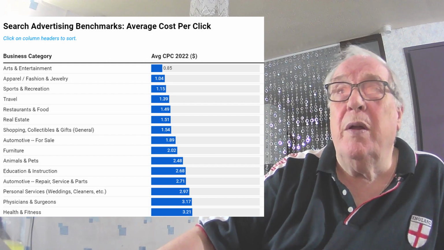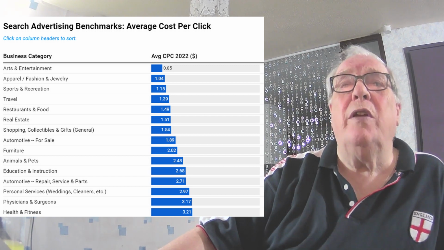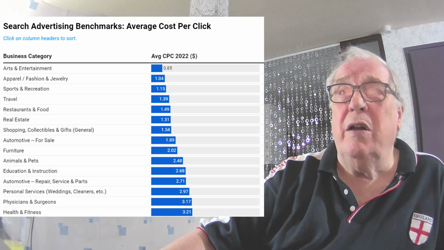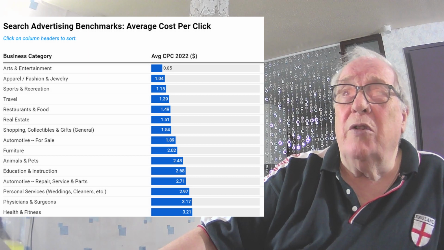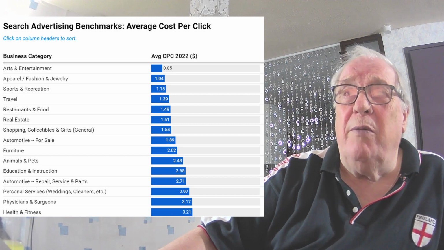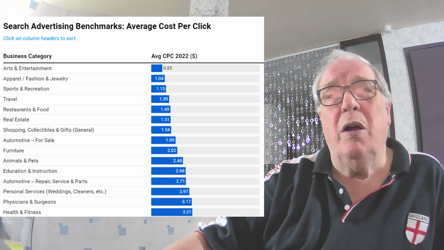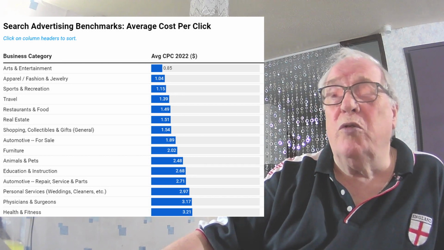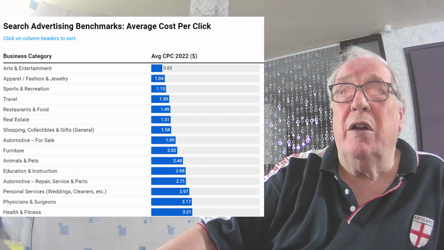Remember that while higher CTRs can lower cost per click, it will increase cost per lead if those clicks aren't valuable. So you may want to review your keyword lists to make sure they're really relevant to your business. You can find more strategies to improve your click-through rates.